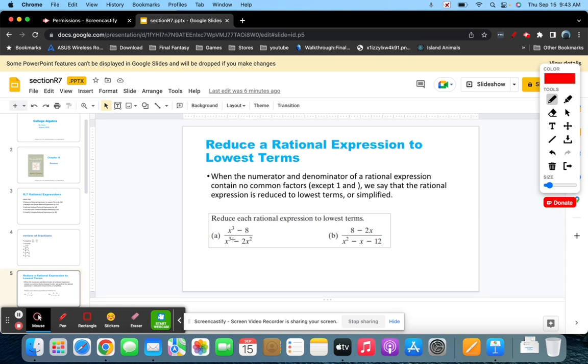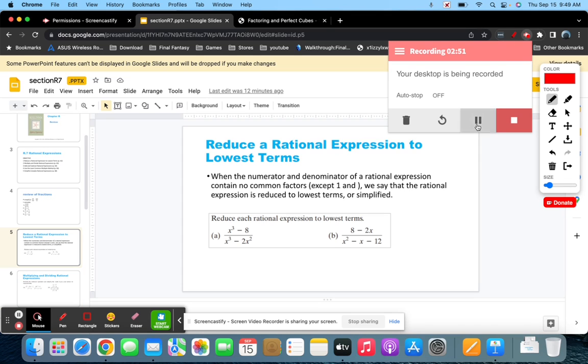For example, like this a, x cubed minus 8 over x cubed minus 2x squared. So we want to reduce these rational expressions by breaking them down and seeing if there's any numerator and denominator pieces that are the same.